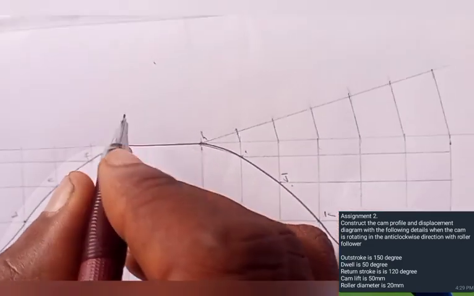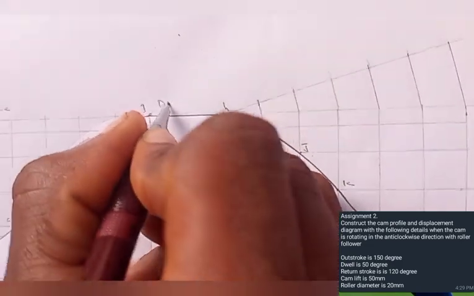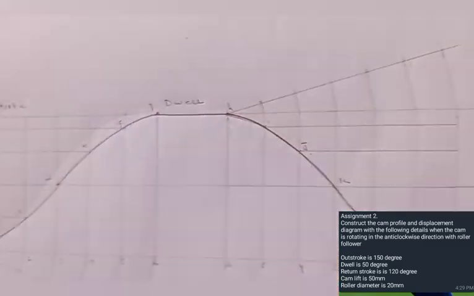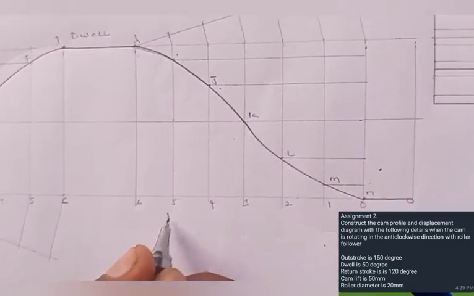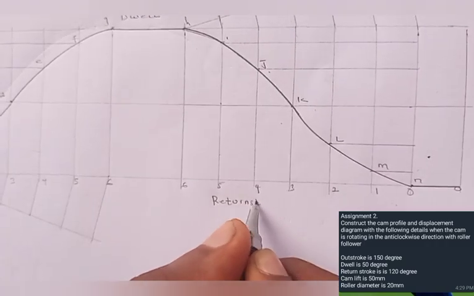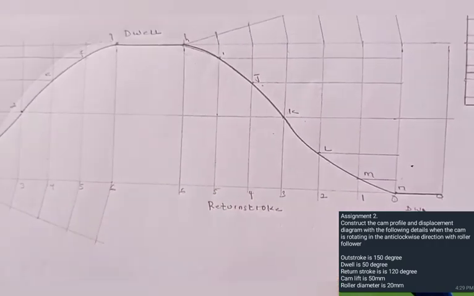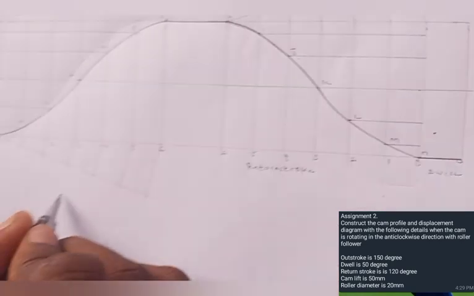Remember I said you can call it your half stroke or your rise. This is your dwell, and this is our return stroke or our fall, and our remaining dwell. So this is the displacement diagram.